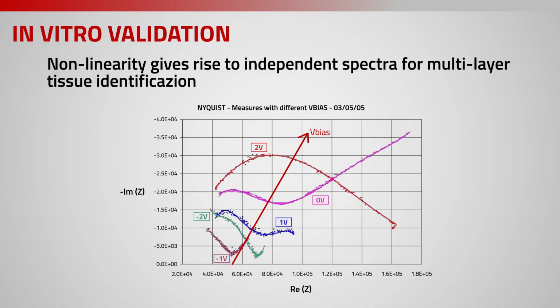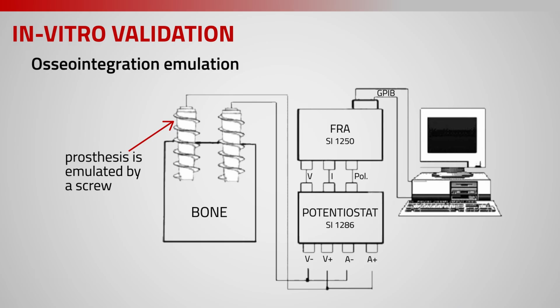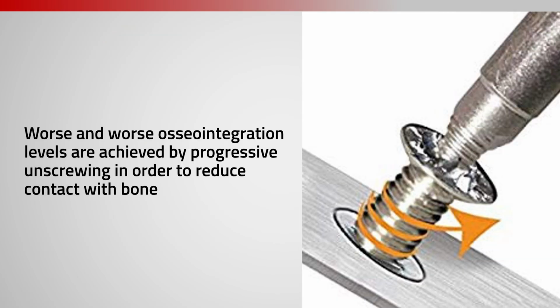You can see the results of the in vitro validation, where the nonlinearity gives rise to independent spectra for multilayer tissue identification. So, as you can see here, illustrated by different colors, we have different responses at varying the bias voltage. Then the osseointegration level is emulated by progressively unscrewing the screw emulating the prosthesis.